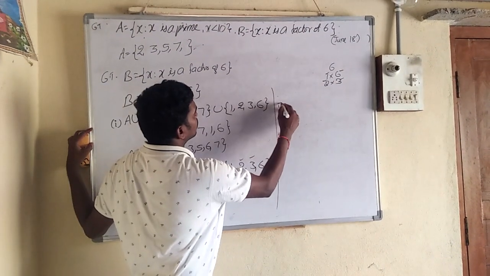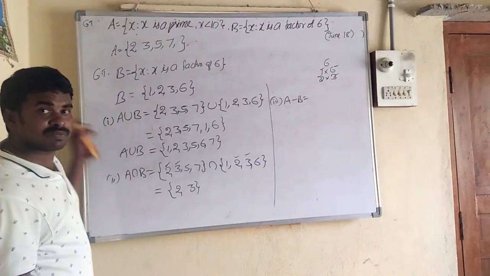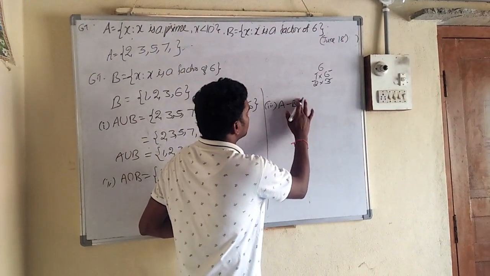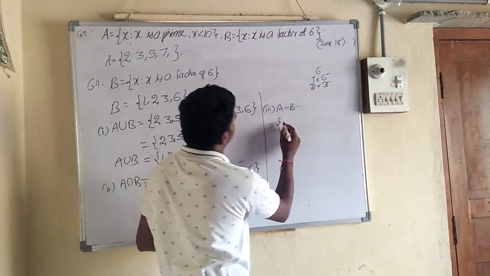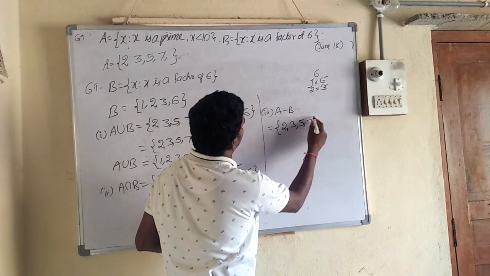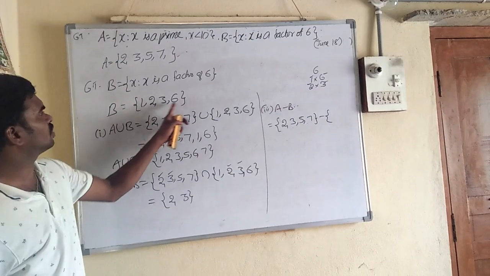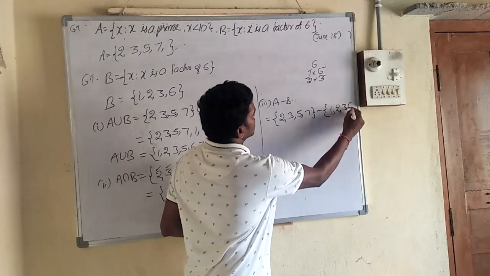Then next, asking for A minus B. A minus B equals, first write A, write minus, write B. A means 2, 3, 5, 7, minus B. B means 1, 2, 3, 6.